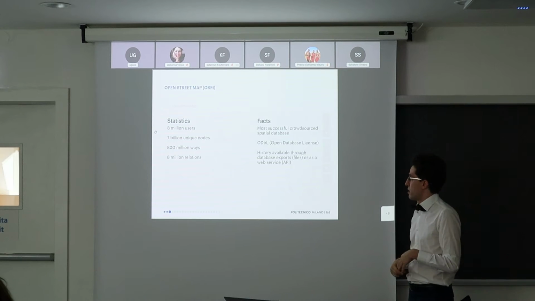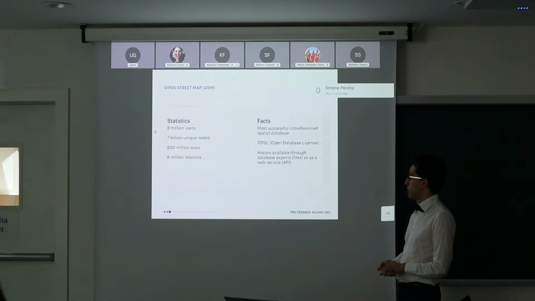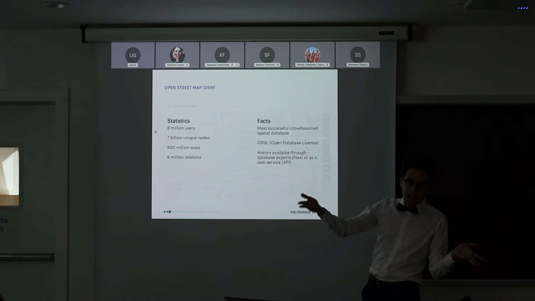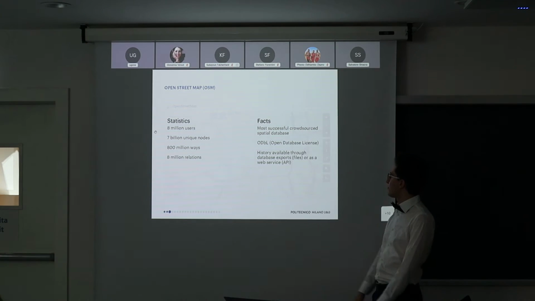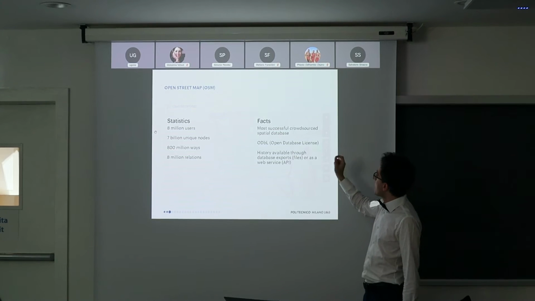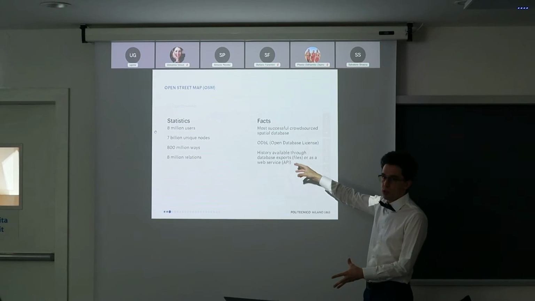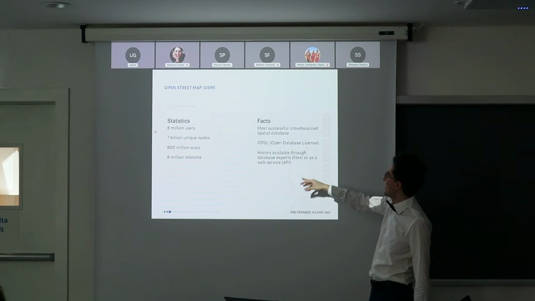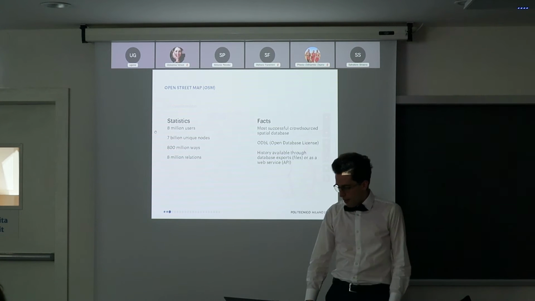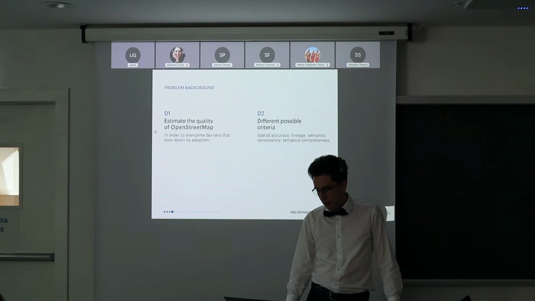And it's interesting because, of course, it's the most successful crowdsourced spatial database. It's released under an open source like license, but for databases, so for data. But the interesting thing for us is that the history is available through database exports, so files, very big files, or as a web service, so API, so we can query based on our needs some specific areas.